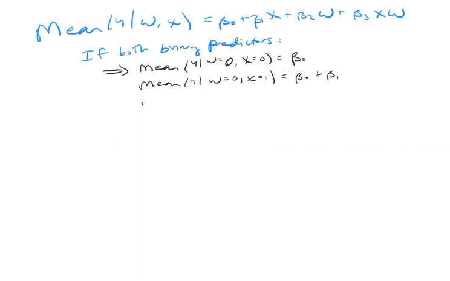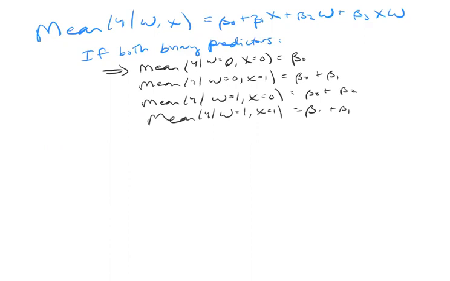I am going to do all of them. If we have the mean of y given w is equal to 1 and x is equal to 0, well, I've got beta 0 plus, I don't have the beta 1 because x is equal to 0. I do have the beta 2, but I don't have the interaction because x is equal to 0. And then I could also have the mean of y given w is equal to 1 and x is equal to 1. And now all of these coefficients are going to end up in here.